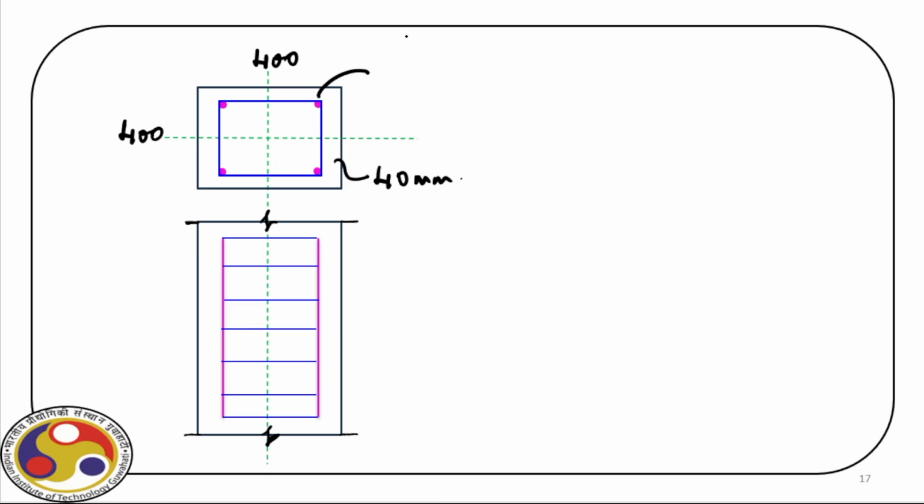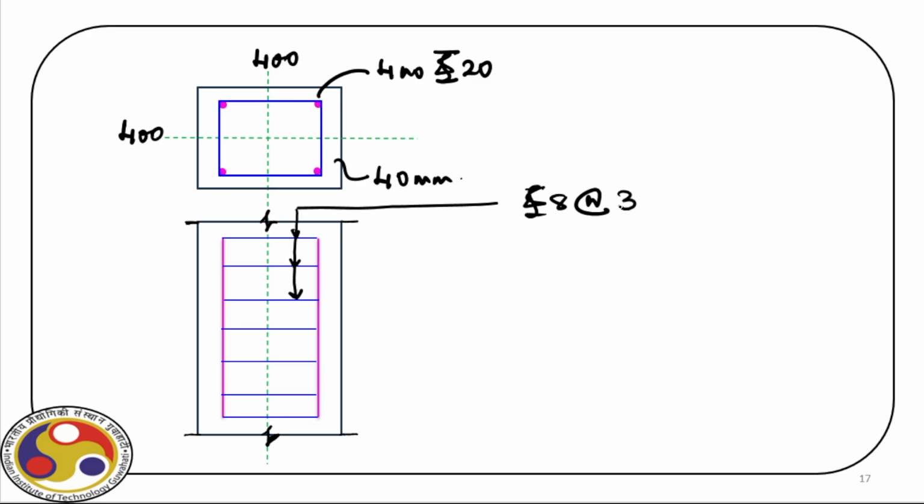Main bar, we have 4 number of 520, and then this lateral ties, we have 8 5 at the rate 300 center to center. And that completes the design.